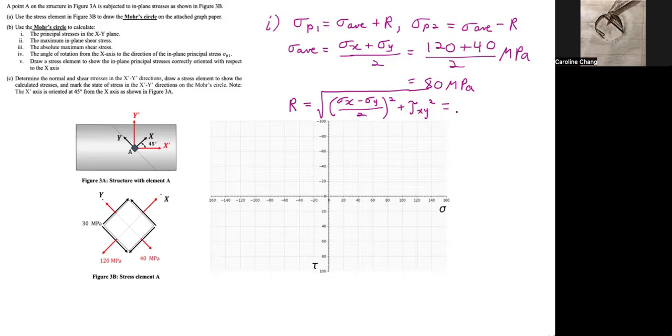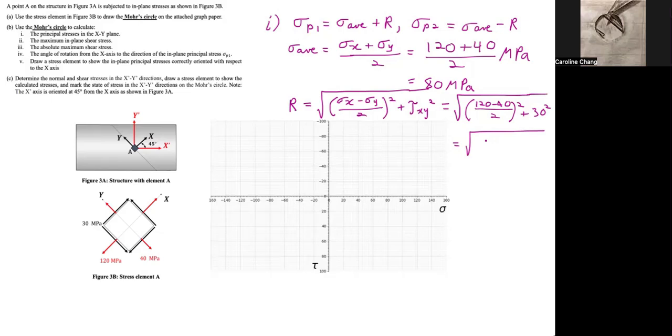So our R value will be equal to the square root of 120 minus 40 over 2 squared plus 30 squared. And this is equal to the square root of 120 minus 40 is 80.